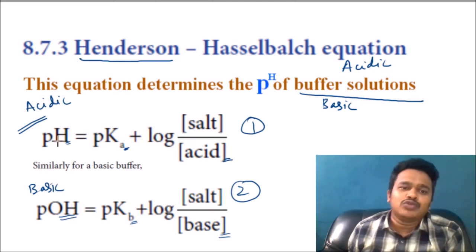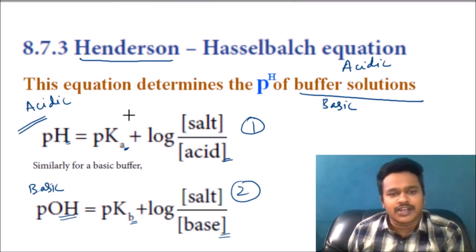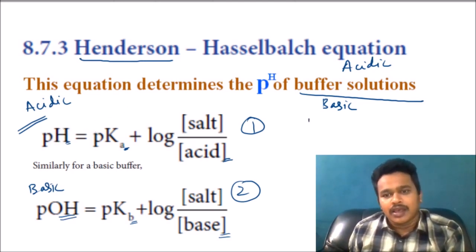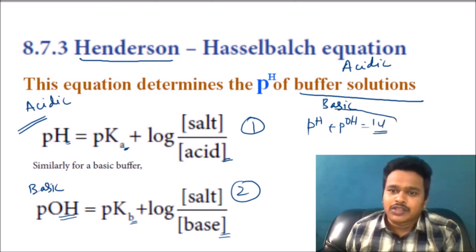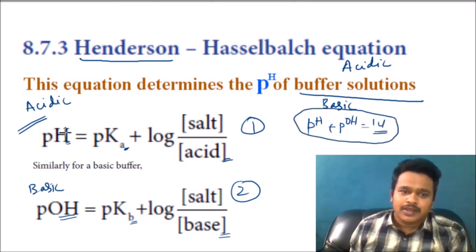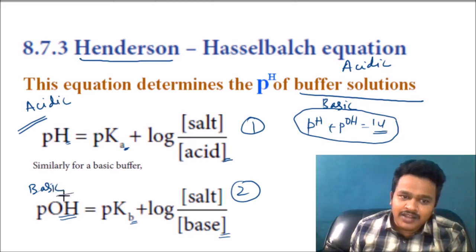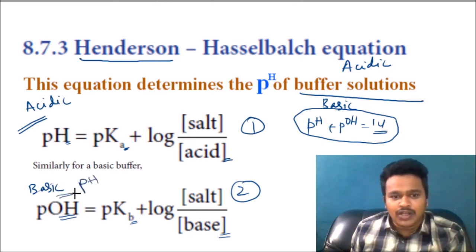After that, we can interchange the formulas by the relation pH plus pOH is equal to 14. Based on this, we can interchange pH for an acidic buffer and pOH for a basic buffer. If for a basic buffer they ask for pH, what do you do?